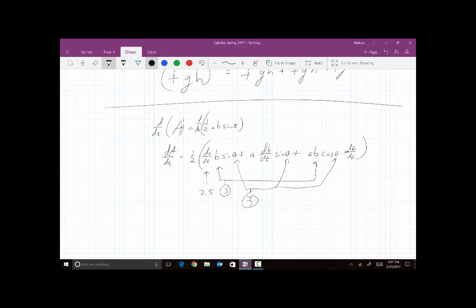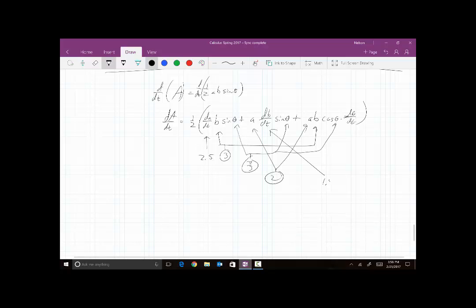A was 2. dB/dt was 1.5. It takes as long to look up what those values are. d theta/dt is 0.2. I think that's everything.